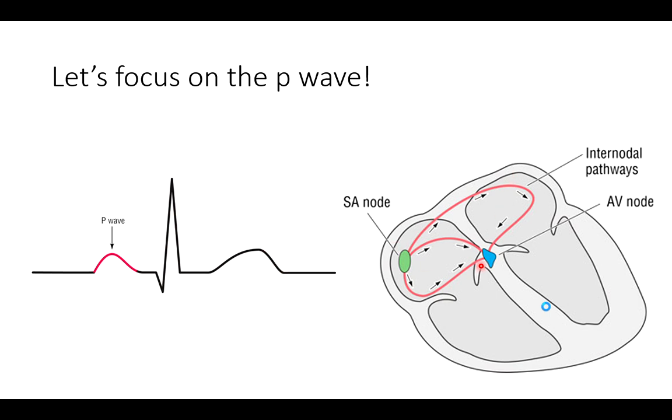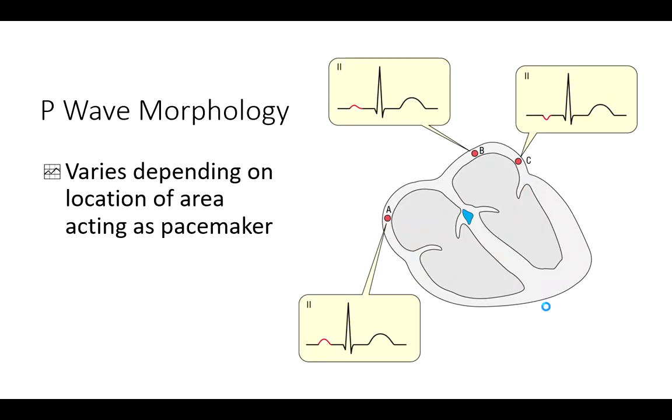So let's look at some P wave morphology. Remember I said to you, depending on the lead that we're looking at, it's looking at the heart from a different direction. Now, in the case of lead 2, if we look at this electrical axis that's typically running this direction on the heart, lead 2 would typically be somewhere down here, where the negative and the positive pole would be down here.